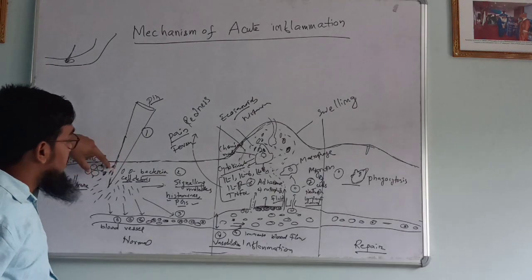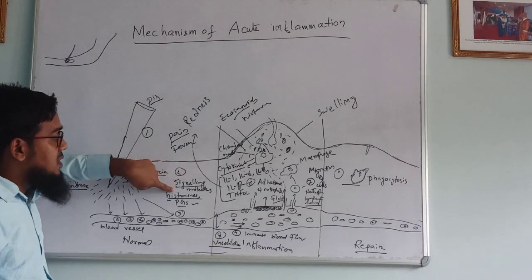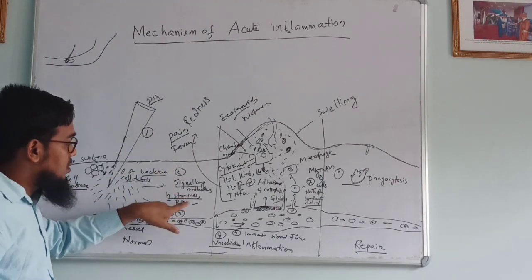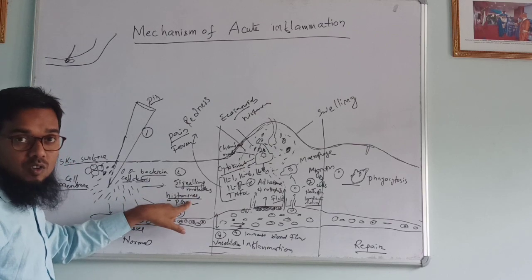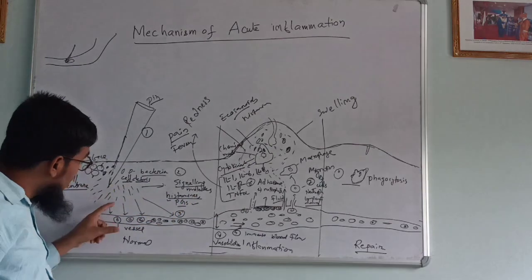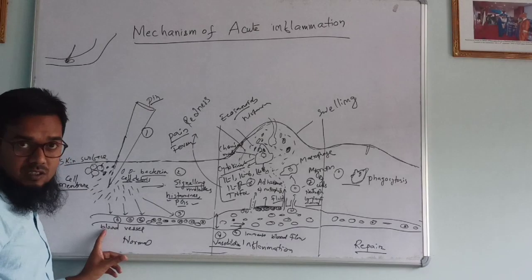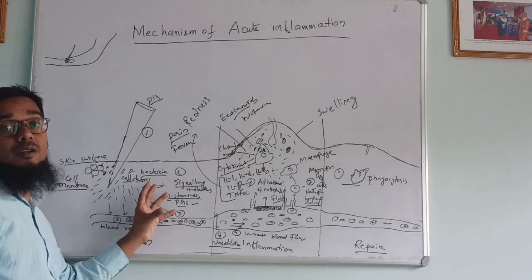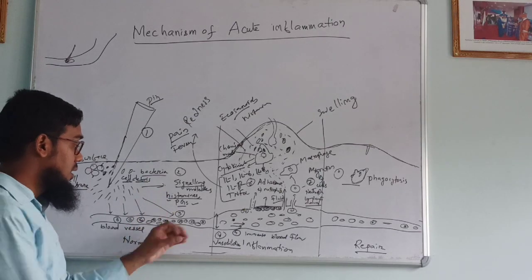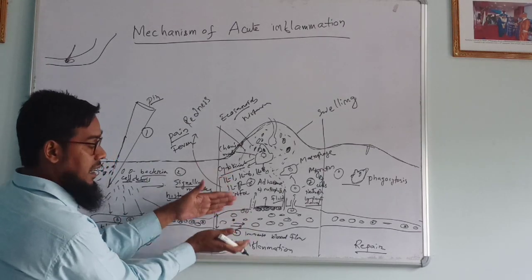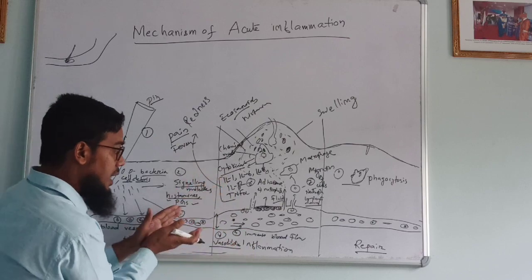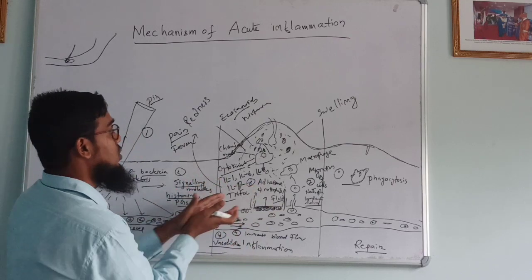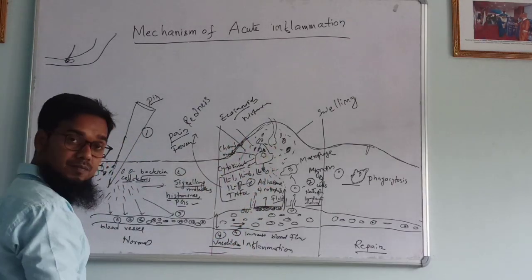From the tissue damage, some signaling molecules are released, which are histamines or prostaglandins, and which stimulate the blood vessels to dilate. Dilate means the diameter will increase, and more blood flow will occur to that particular region.